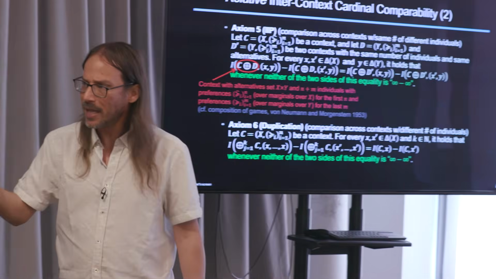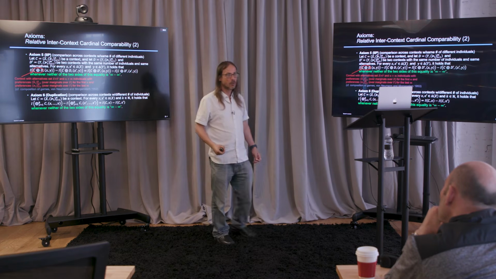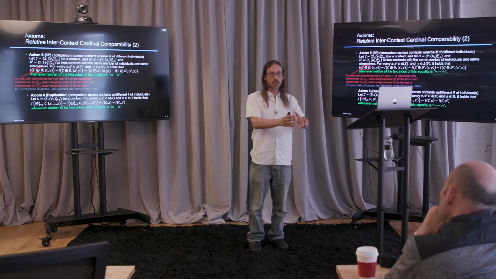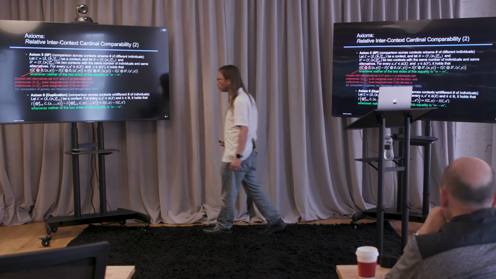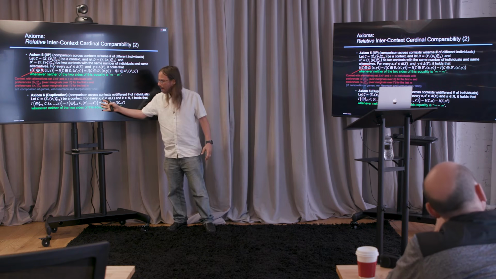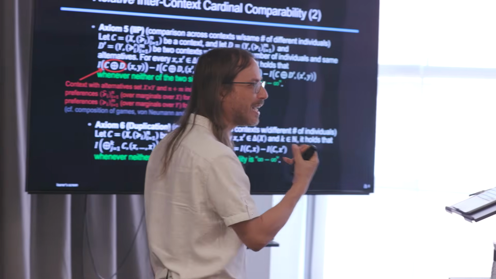This is an axiom that says we don't want the inefficiencies to blow up artificially just because we're duplicating, or to diminish just because we're duplicating. This is an axiom that says our inefficiency notion should be some sort of a per capita notion.